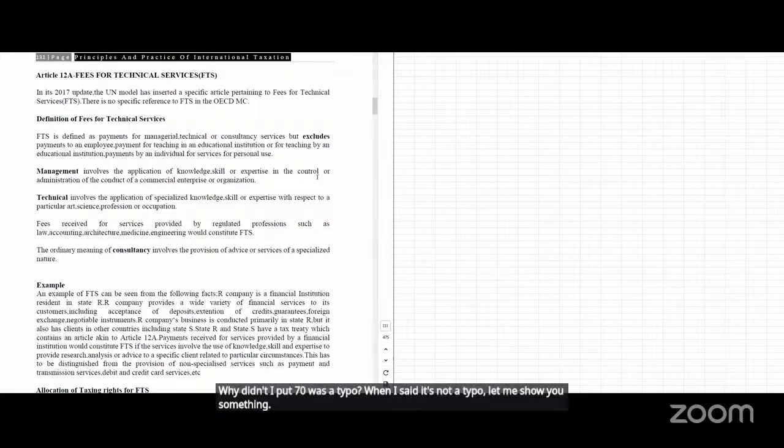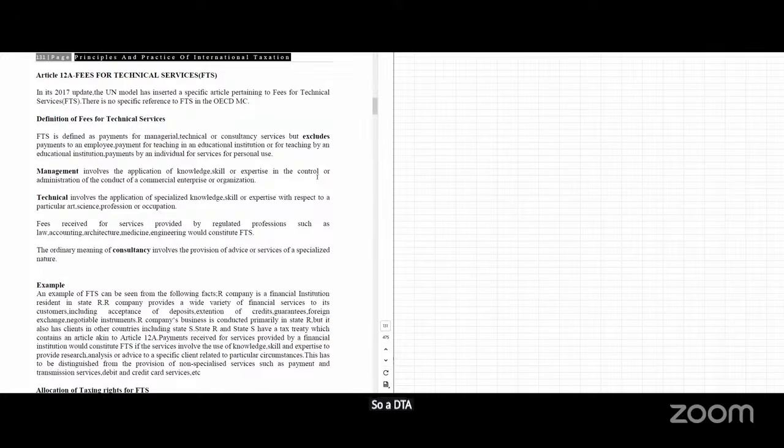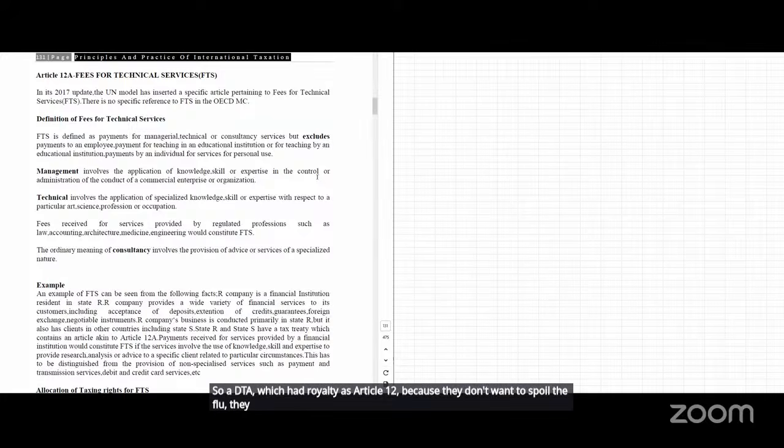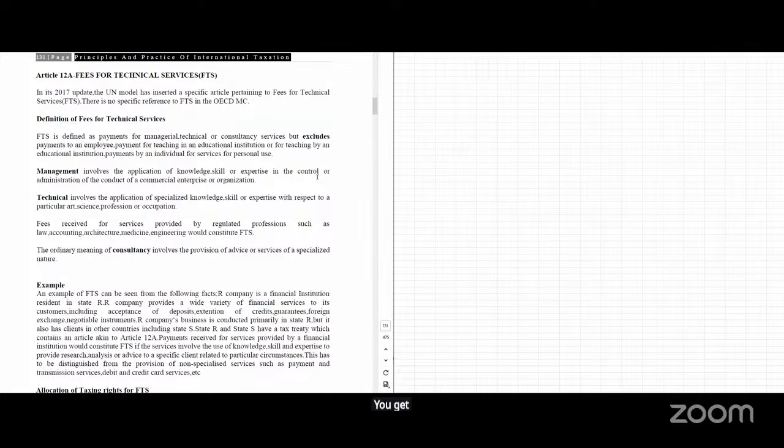Anytime they introduce these fees for technical services, sometimes it shifts the article numbers. So a DTA which had royalty as Article 12, because they don't want to spoil the flow, they rather make this Article 13. So the 14 now becomes 15, 15 becomes 16. The 17, which is artists and sportsmen, now becomes 18. So sometimes the article numbers don't follow directly so far as they are in the DTA.